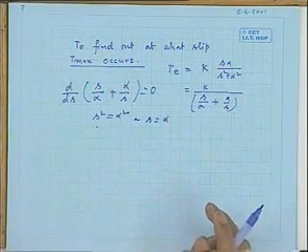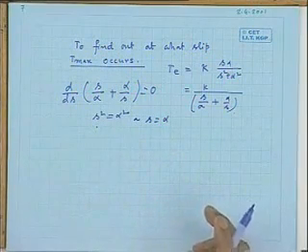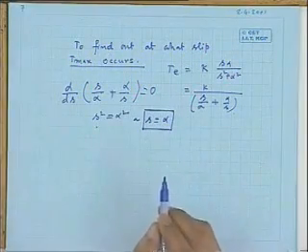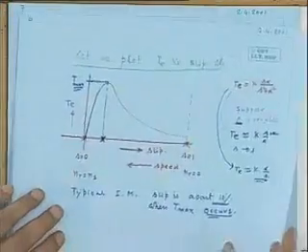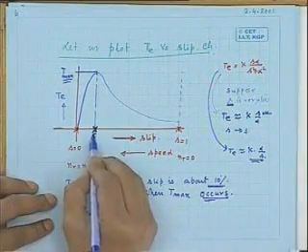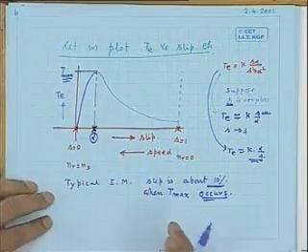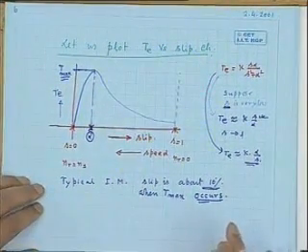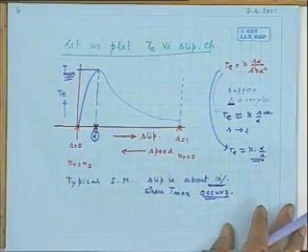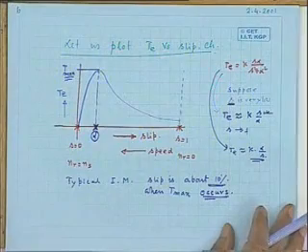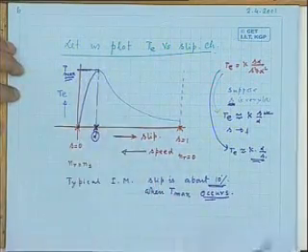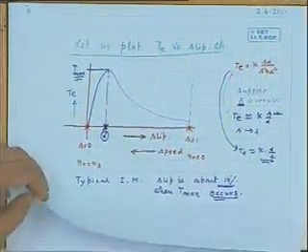Positive value I have to take because I know induction motor operates between 0 to 1 positive slip. So it is at this value of slip maximum torque will occur, that is here at this point. What is the value of this slip? It is alpha. In other words, the ratio between rotor resistance and standstill leakage reactance will be of the order of 0.1. So this is the Tmax.